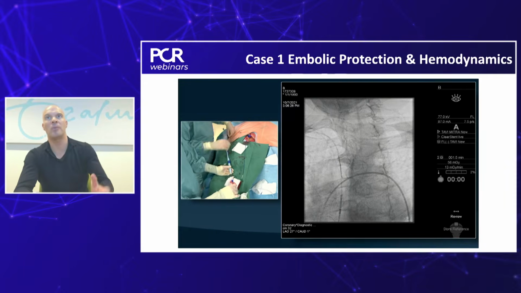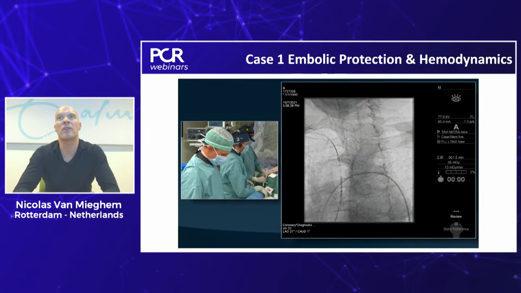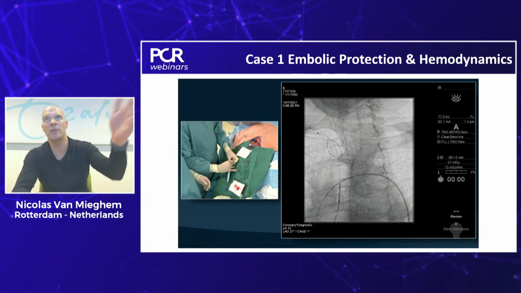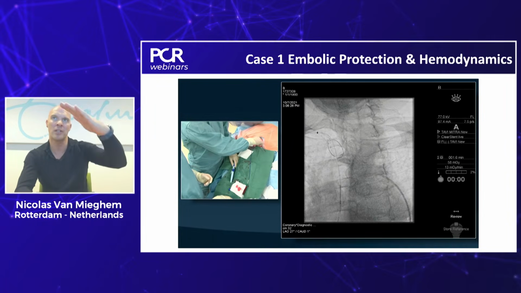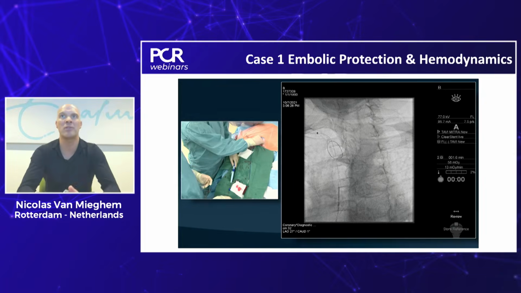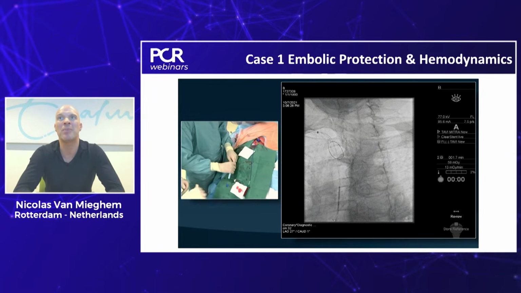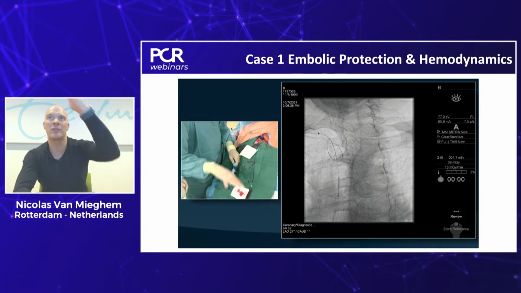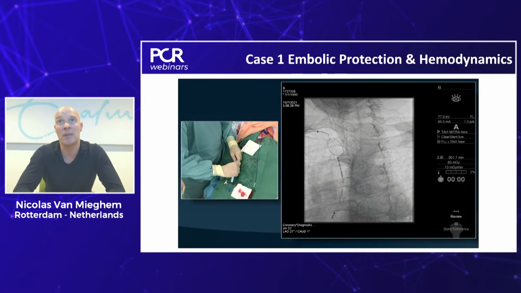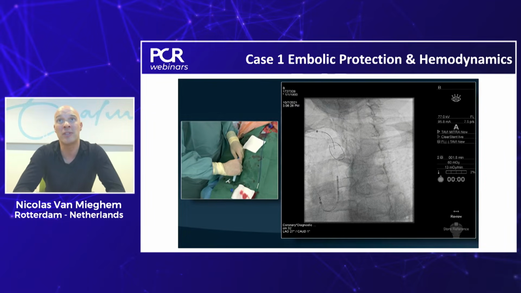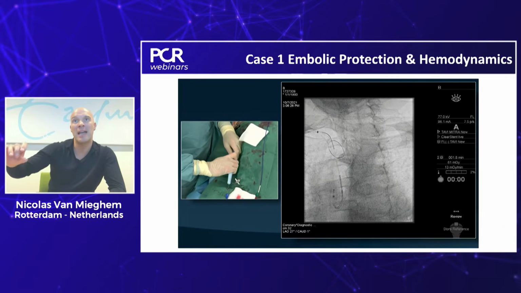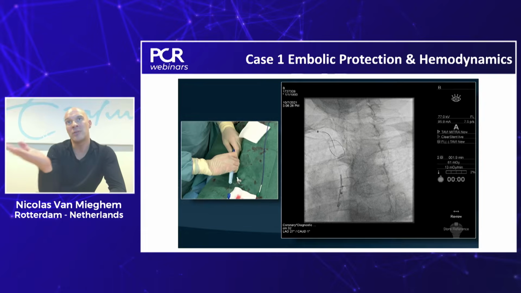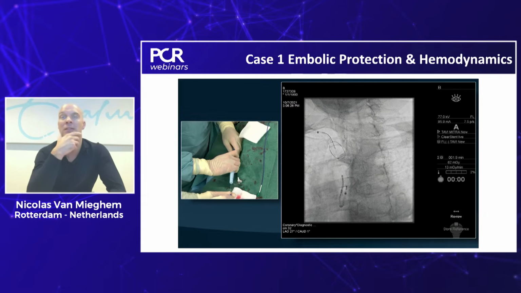And this is here where we deploy the filters. So it's very easy. We use an LAO 30 projection that opens up the bifurcation, if you will, of the aortic arch and the origin of the brachiocephalic trunk. Then there was that pigtail that marks the outer curve of the arch. And then you deploy the first filter in the brachiocephalic trunk, and then you can manipulate the handle in a way that you create a curve at the end of the catheter.